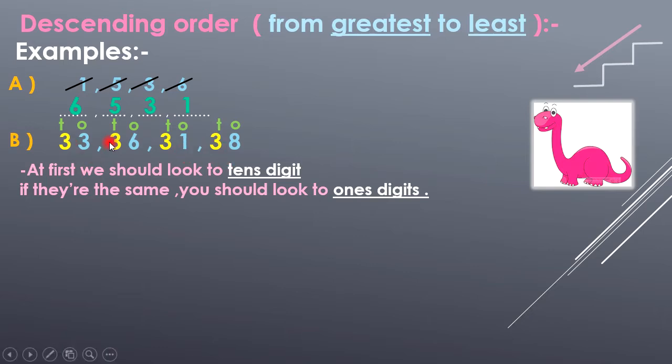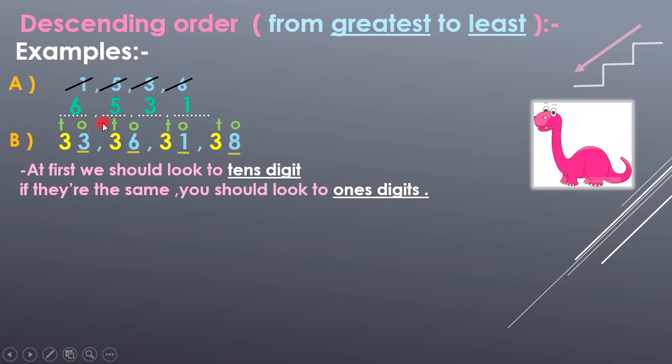3, 3, 3, 3. So we should look at the ones digit. Let's put a line under the ones digit. Where is the biggest number in the ones digit? 8, 1, 6, 3.